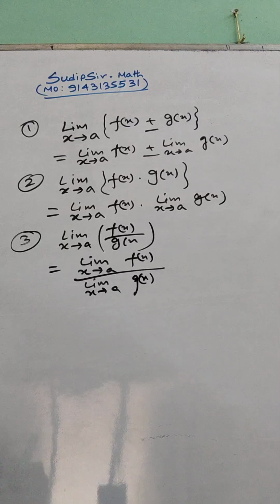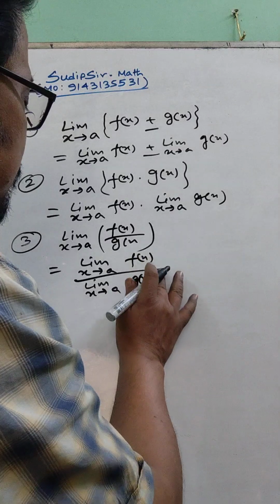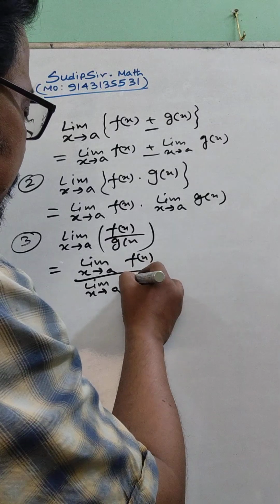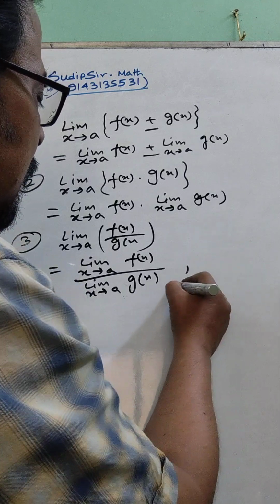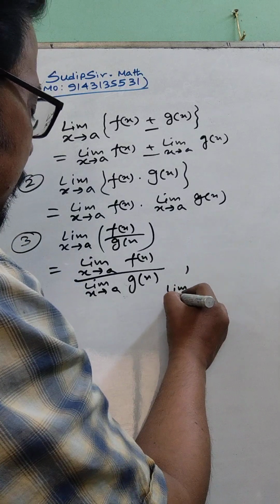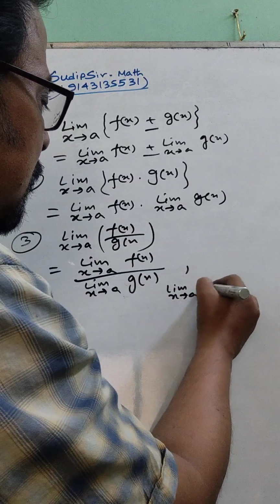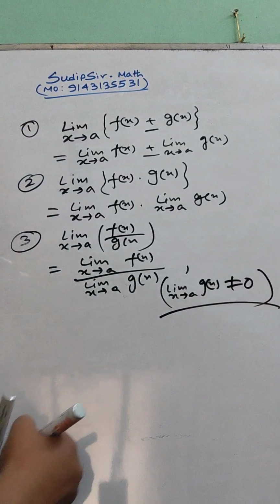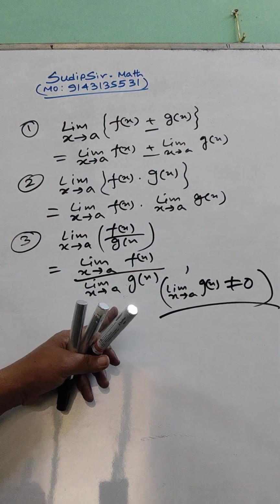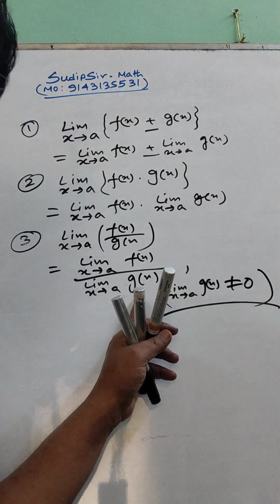This way you can separate it, provided limit x tends to a of g(x) is not equal to 0. This condition we must follow. If it is 0, we can't separate it.